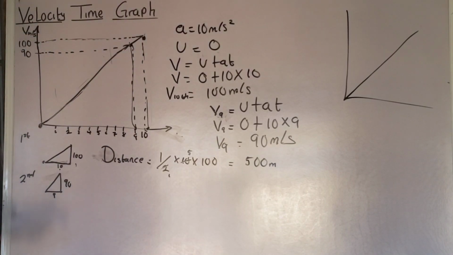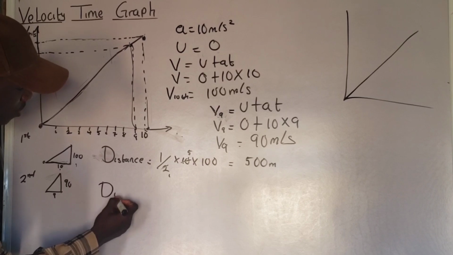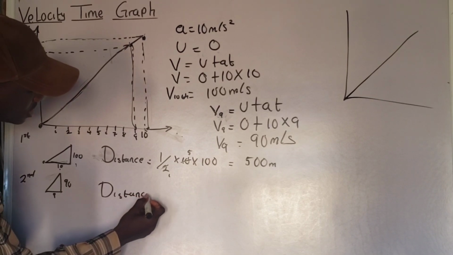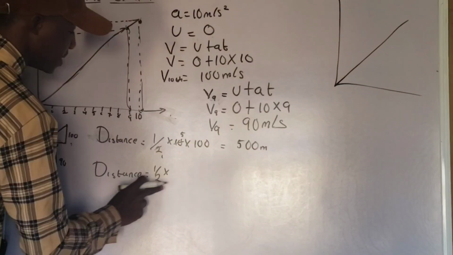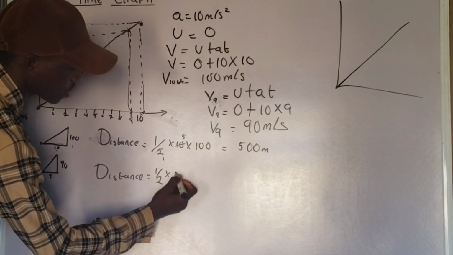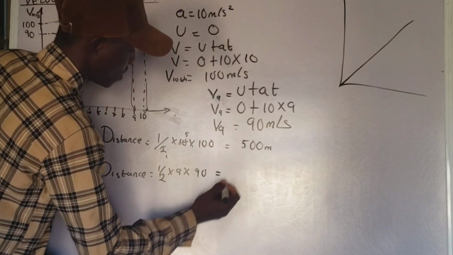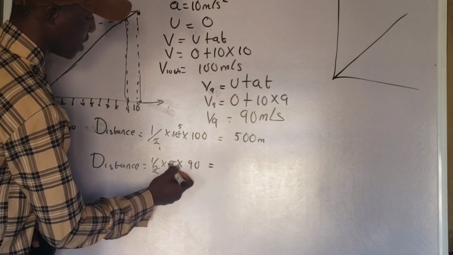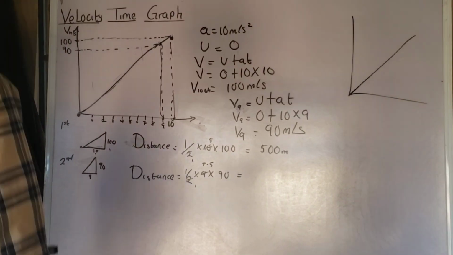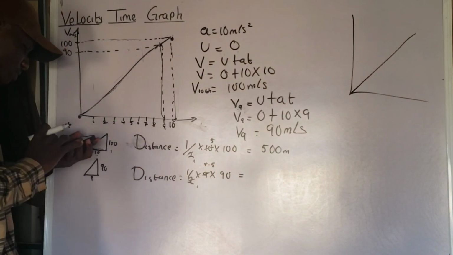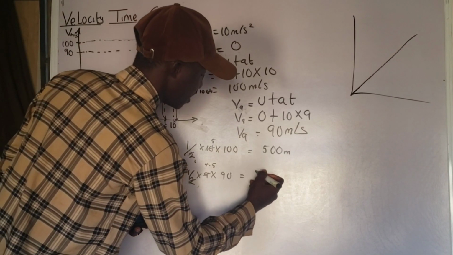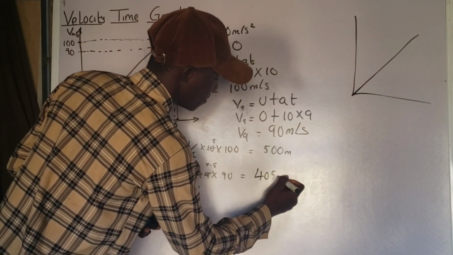Now, for the second triangle, the distance is equal to half base times height. The base is 9, multiplied by 90. 2 into 9 is 4.5. 4.5 multiplied by 90 gives us 405. So this is 405 meters.